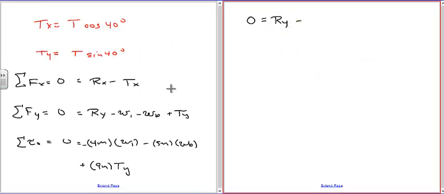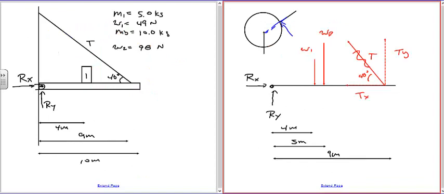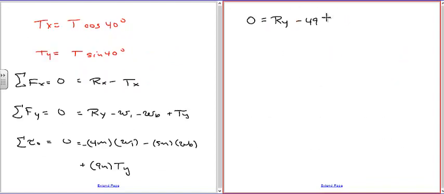So 49. Did I get those in the right order? 49 and 98, yep. Minus 49 minus 98 plus T sub y equals 0. So we got two unknowns, but now if we go to the last one here, we're going to have negative 4 times W1, which is 49.